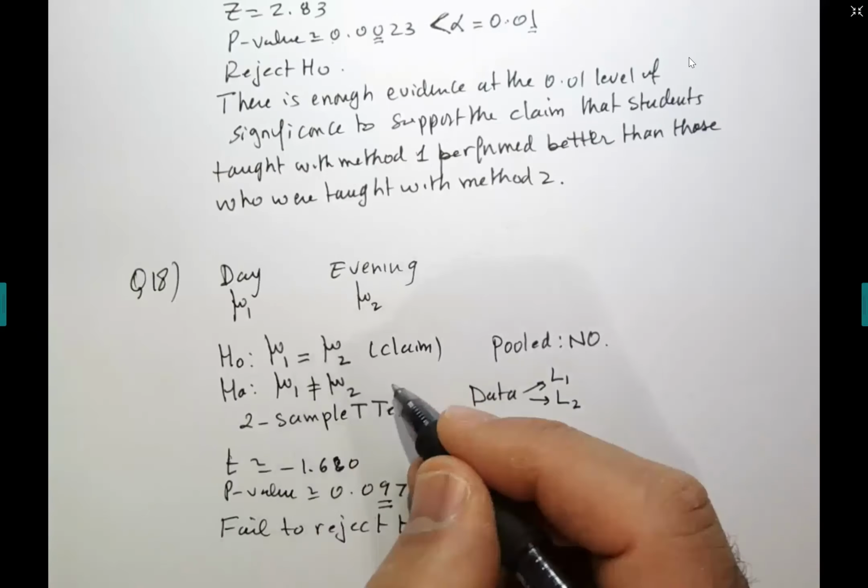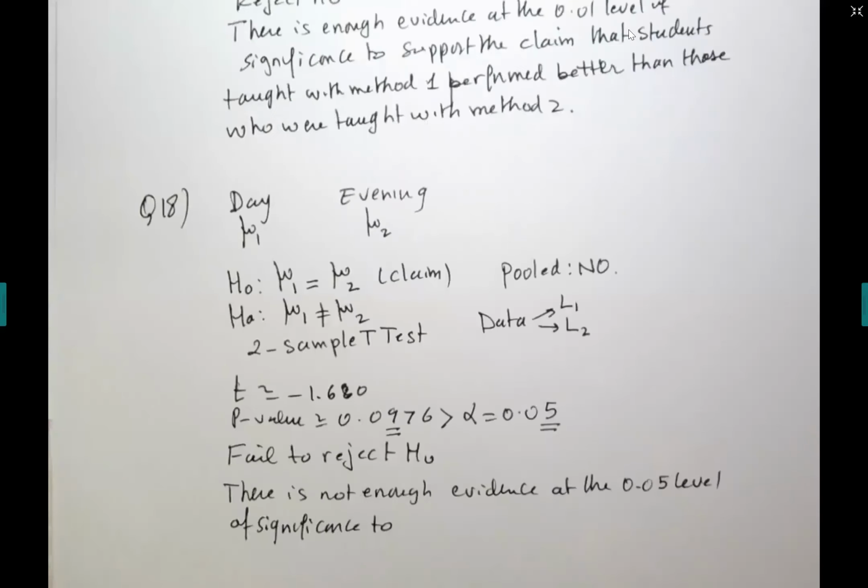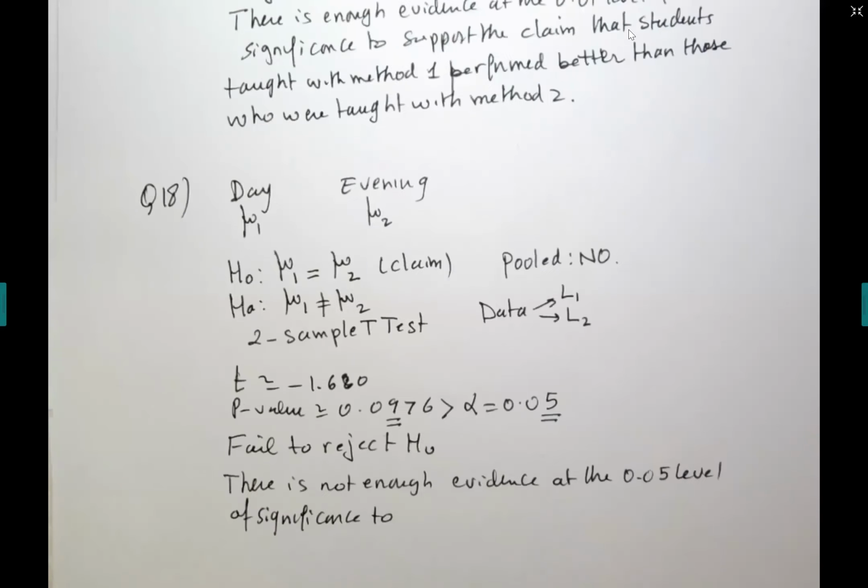So we say there is not enough evidence at the 0.05 level of significance to, and can a student tell me what do I write here? To reject the claim. Very good. I cannot reject the claim. It doesn't mean I support it, but I cannot reject the claim.